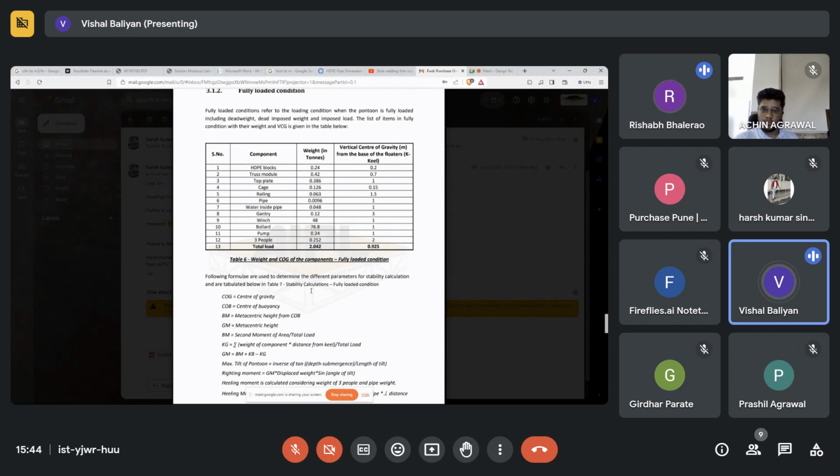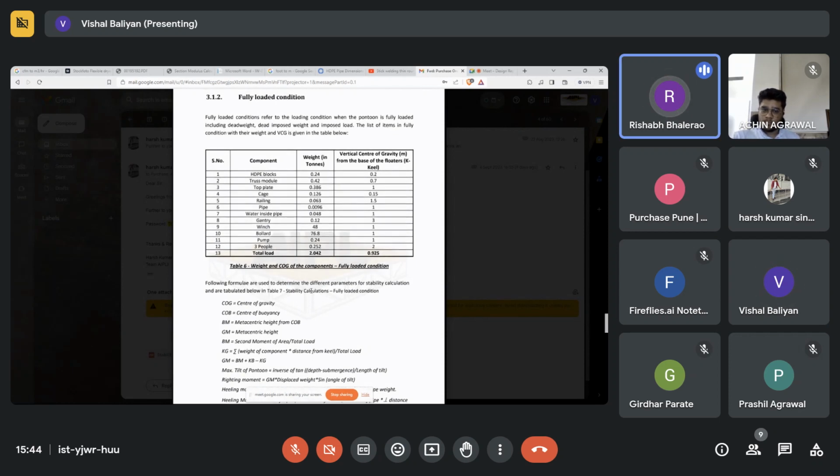People are on the edge of the pontoon, then how will they... If you can just clarify things for me. Actually, I'll just simplify it. Let's just assume a cantilever beam, Rishabh. What happens in a cantilever beam? Let's assume this one is a cantilever beam and I am holding it from one side.